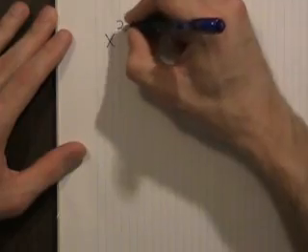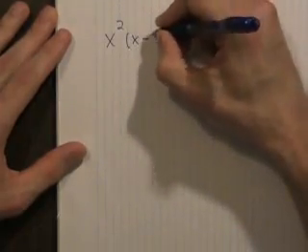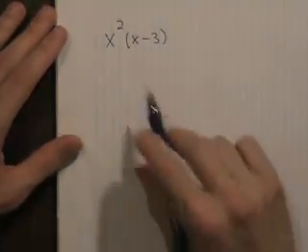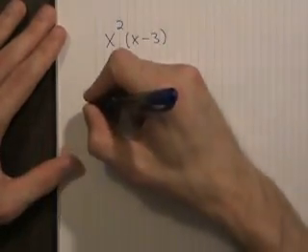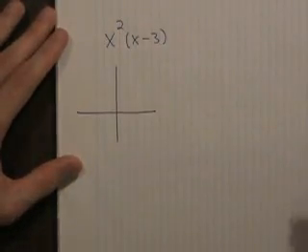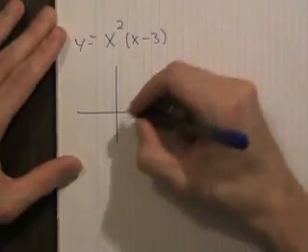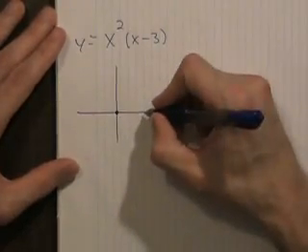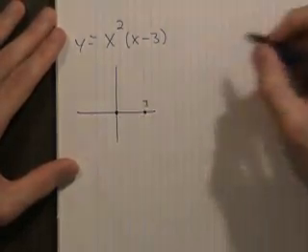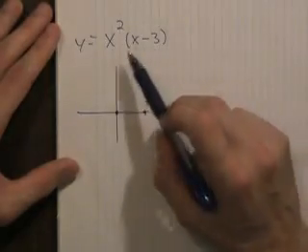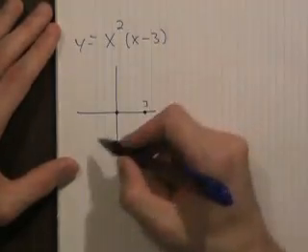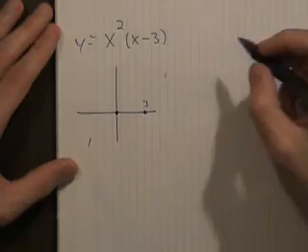I'll start you off with x squared times x minus 3, and I tell you to generate a graph of this. Draw out the axis. Where is y equal to 0? It's going to be 0 at 0, and 0 at 3. It is a third degree polynomial, so it's going to fall left and rise right.